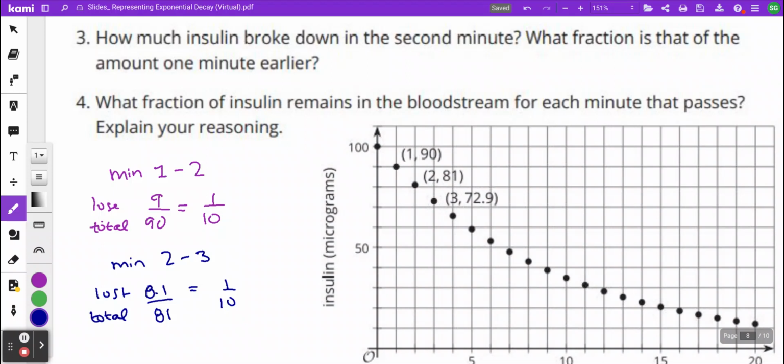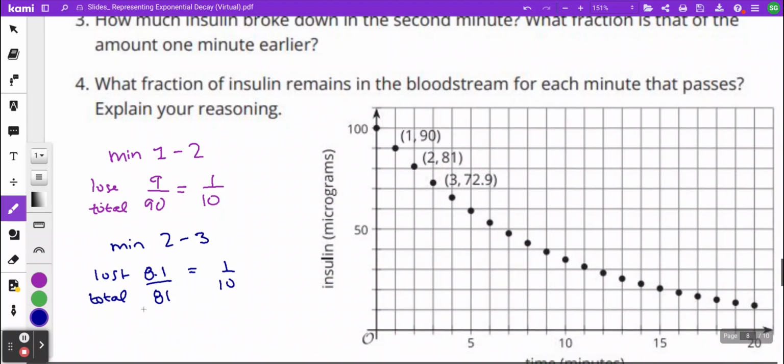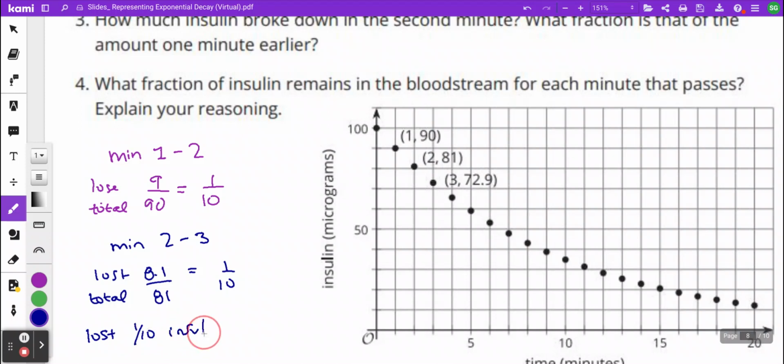We're seeing we're not subtracting the same amount each minute, but we are seeing what fraction we're going to lose. So the question, what fraction of insulin remains in the bloodstream? Well, if we are losing 1/10 of the insulin, that means what fraction remains?